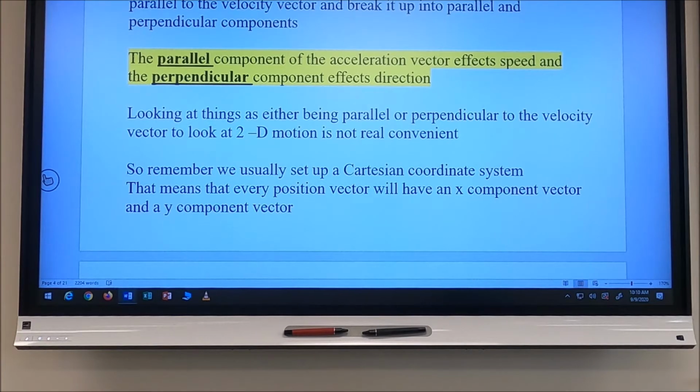So we're going to set up a Cartesian coordinate system where every position vector is going to have an x and y component, so that every velocity vector can have an x and y component, so that every acceleration vector has an x and y component, and we can look at the overall motion as the sum of an x motion and a y motion.